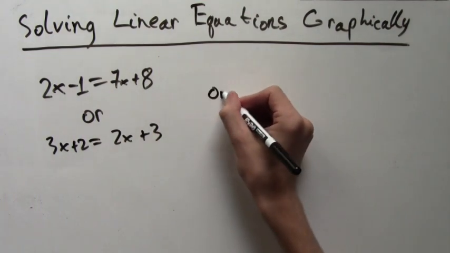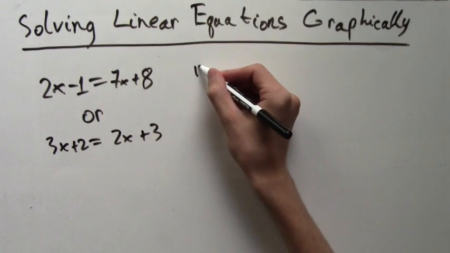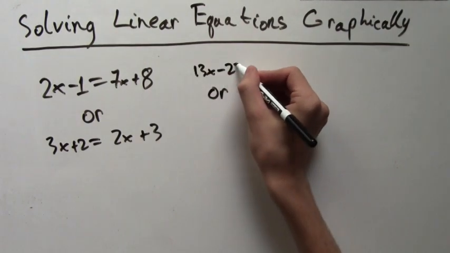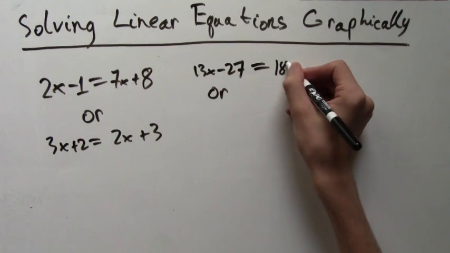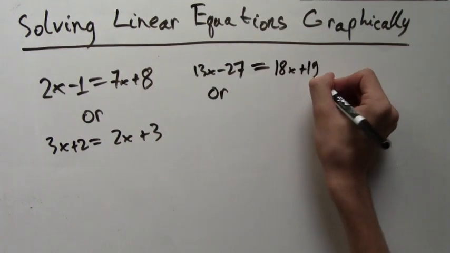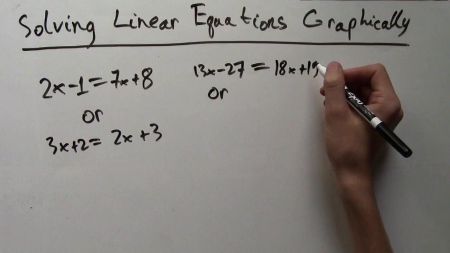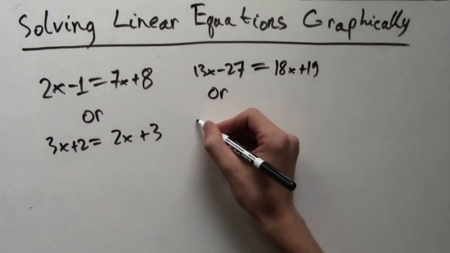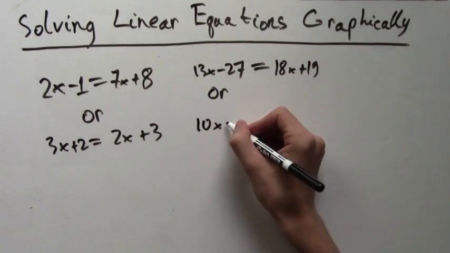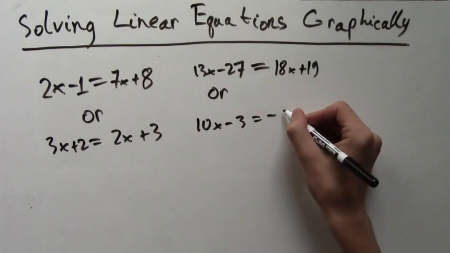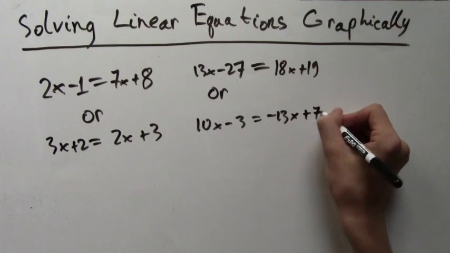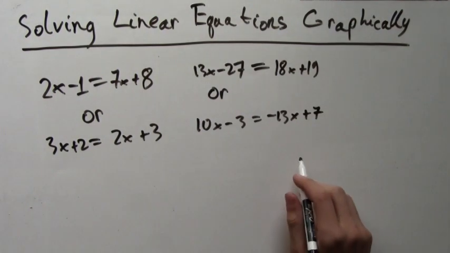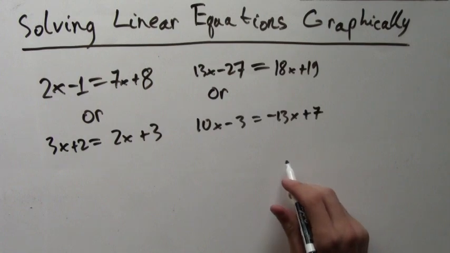Or, for example, 13x minus 27 equals 18x plus 19. And as a last example, by now you're getting the point for sure: 10x minus 3 equals negative 13x plus 7. So on both sides we have something times x plus or minus something else.